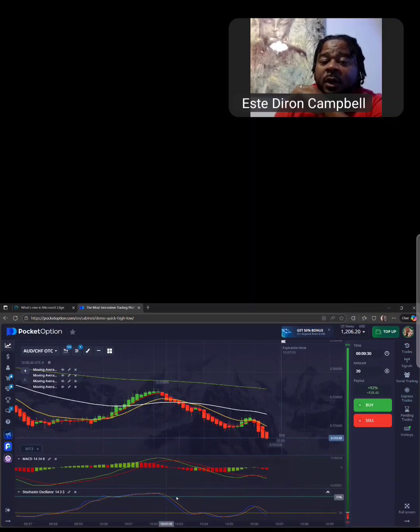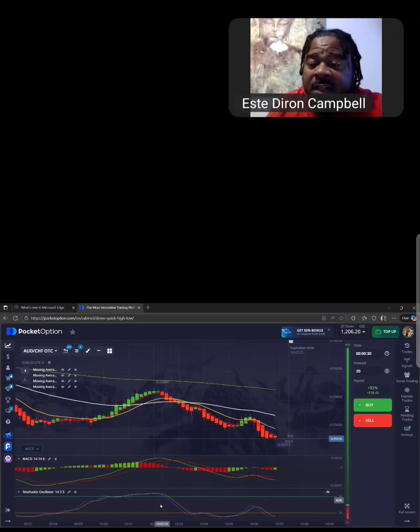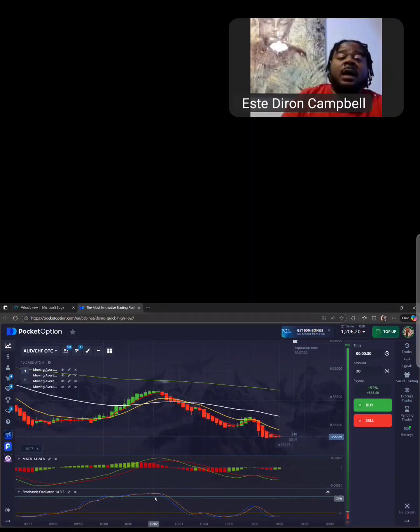Then in a short period of time, or shortly before, a lot of times the oscillator, the blue, has to cross the yellow. But at the same time, you want it to be in a position of crossing the 80%, so it can have some leverage of going down because it's overbought. You got me? Yes, sir, I'm tracking.